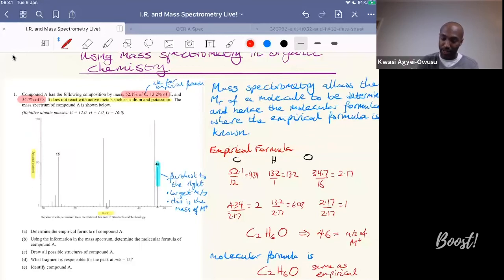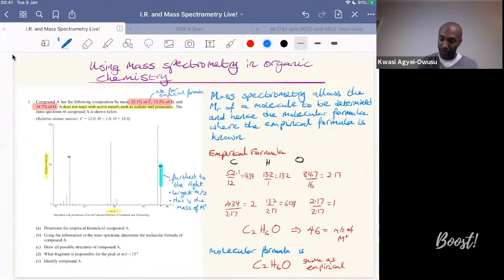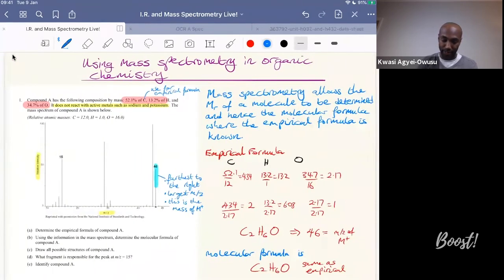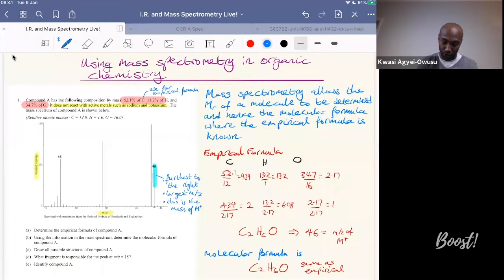The possibilities would include, if we make this a bit larger, possible structures could be ethanol, and of course you could also have an ether.